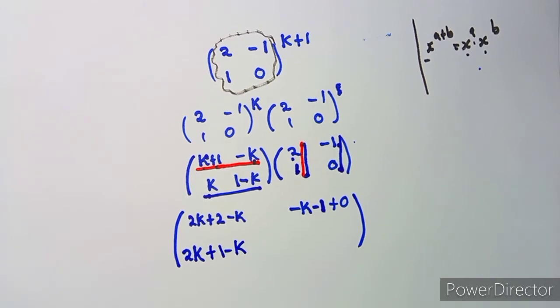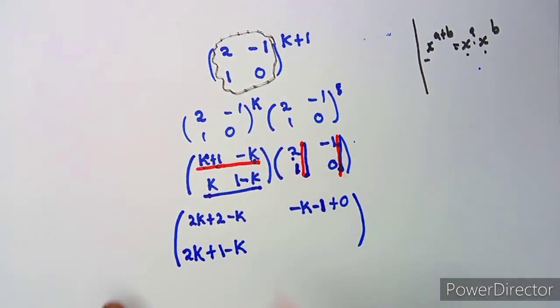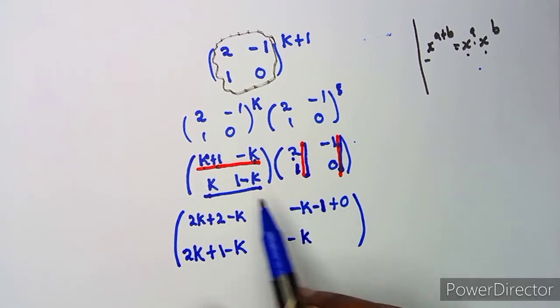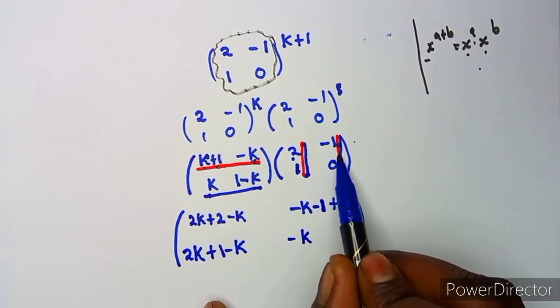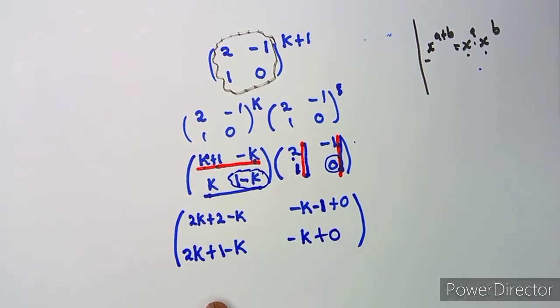You are done with this part. Now this same row, but with this last column. That's k times minus 1, which is minus k. Then this multiplied by a 0, that's a 0 there. So we are just going to remain with this part.